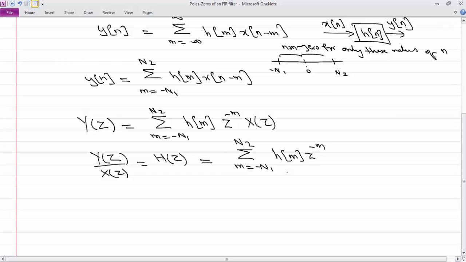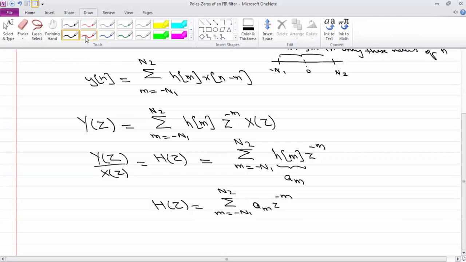So h of m is, of course, just some numbers, right? So let's call these numbers a of m. So H of Z is summation m from minus N1 to N2, a of m, Z to the minus m. Right?